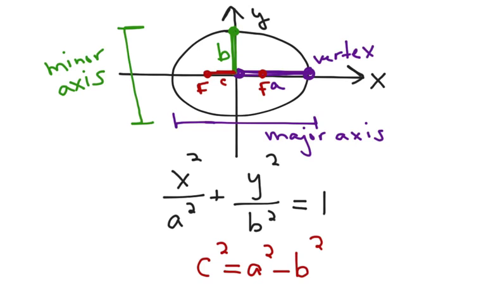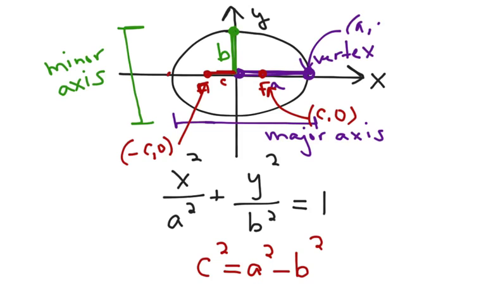So we're going to say that the foci lie at negative c comma 0 and c comma 0. And we're going to say that these vertices on the major axis, which are the ones we really care about, lie at a comma 0, and the other one will be over here and it lies at negative a comma 0.